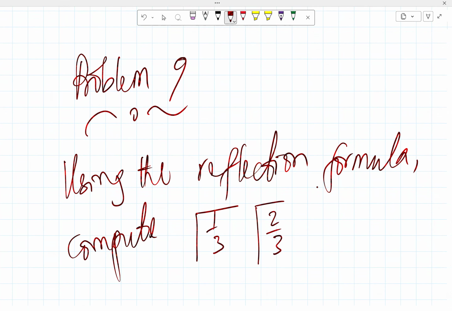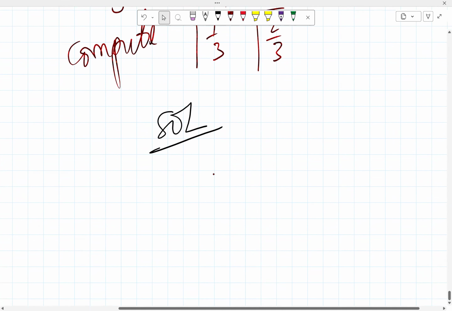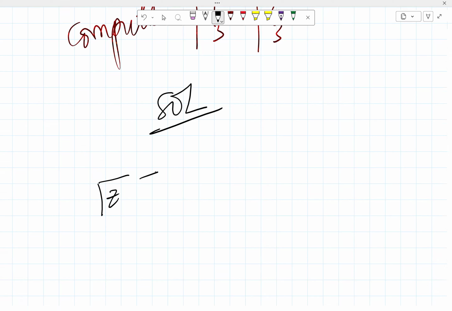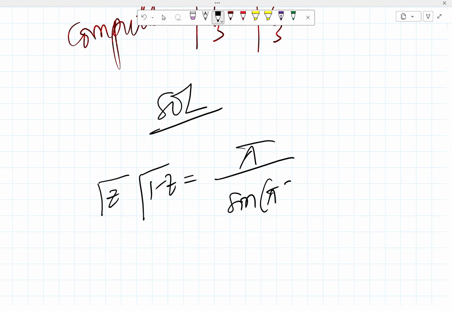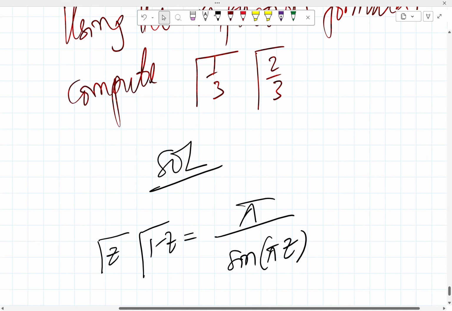Okay, so solution: using Euler's reflection formula, we know that gamma z times gamma 1 minus z is the same thing as pi over sine pi z. So that means that now z is 1 over 3.